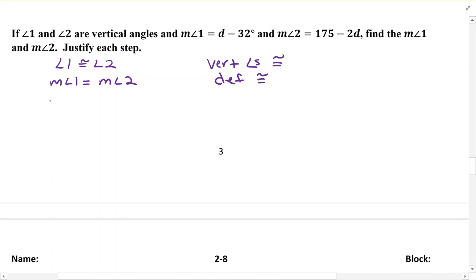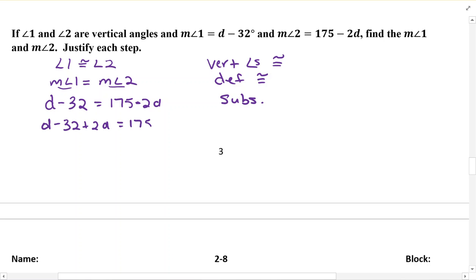By substitution, we can do d minus 32, which is our expression for measure of angle 1, equals 175 minus 2d, which is our expression for measure of angle 2, and this was substitution. We can add 2d to both sides. And that's addition property.